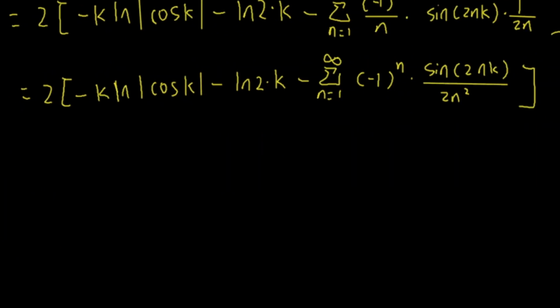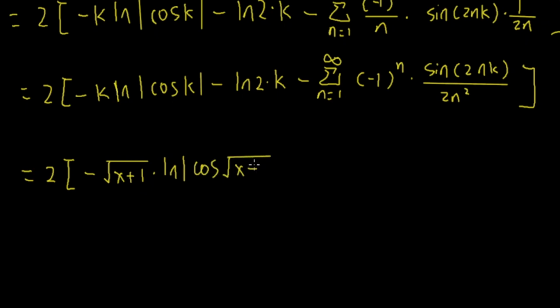Here, let me rewrite this. This is equal to 2 times negative square root of x plus 1 times ln of cosine of square root of x plus 1 minus ln 2 times square root of x plus 1 minus this.